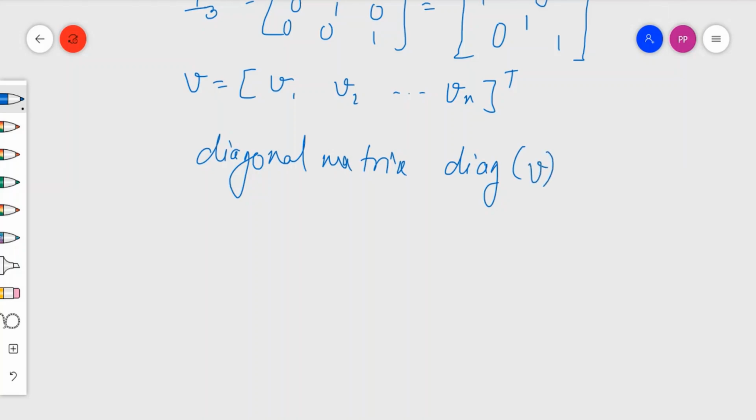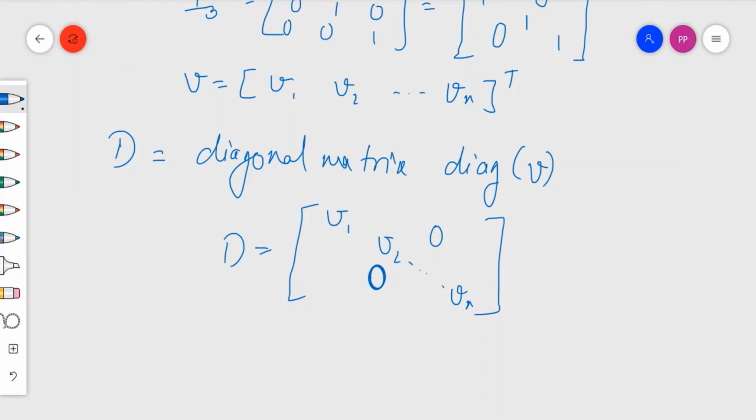It means that the diagonal matrix D has the value like that. This is v1, this is v2, up to vn, and here all 0.